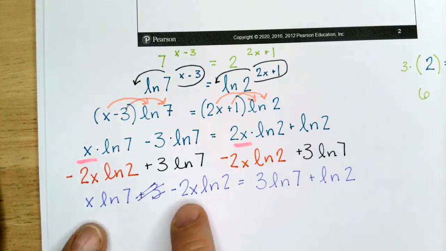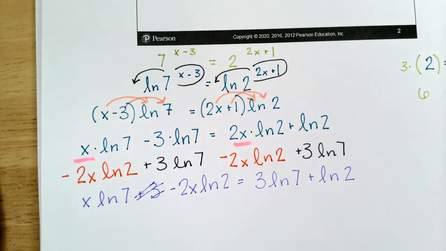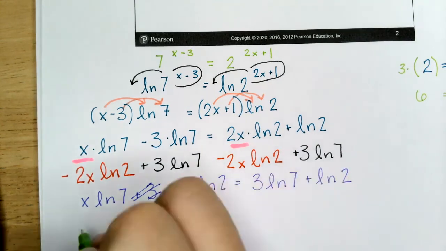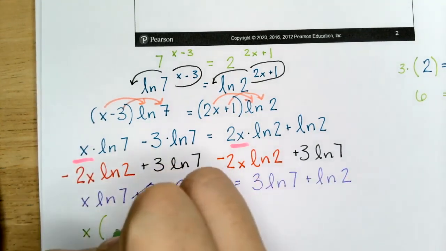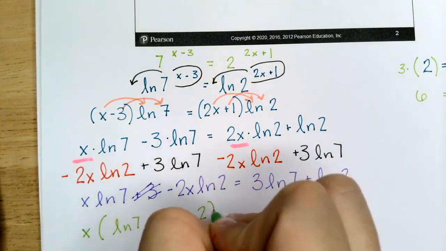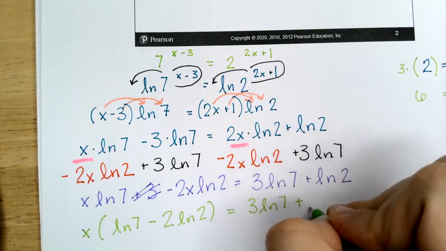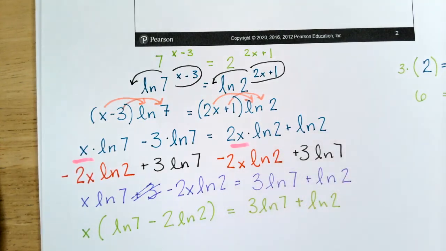So all my x's are now on this side, and this side has no x's. Okay.